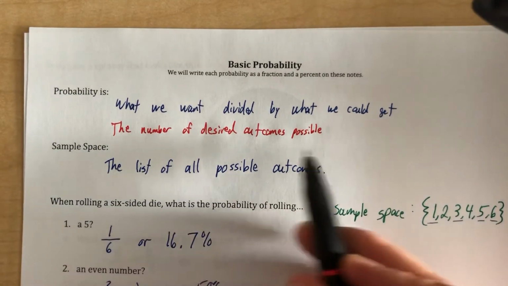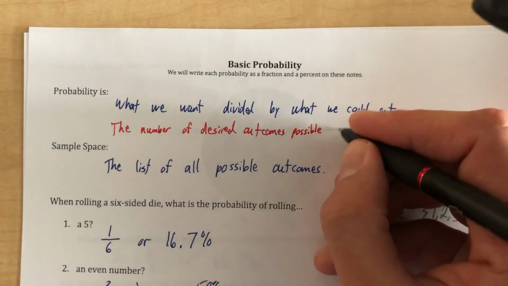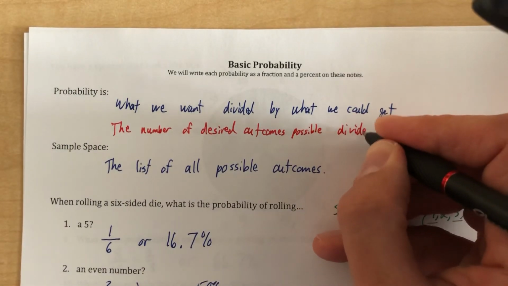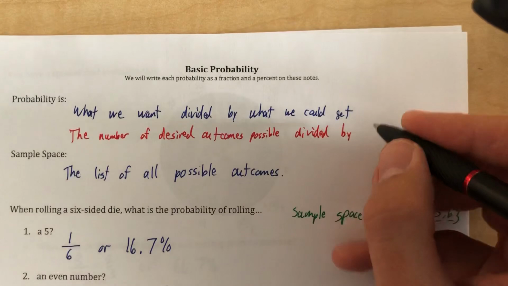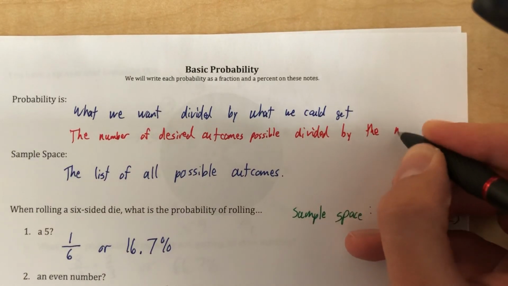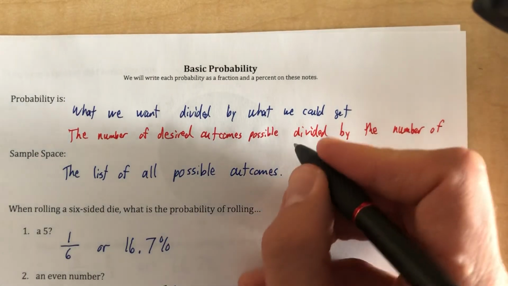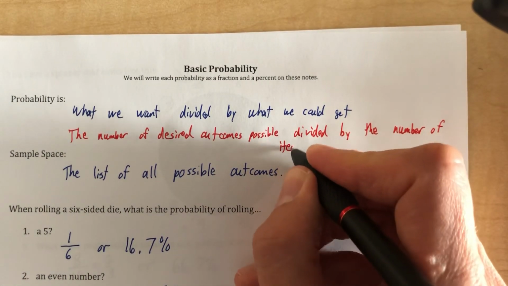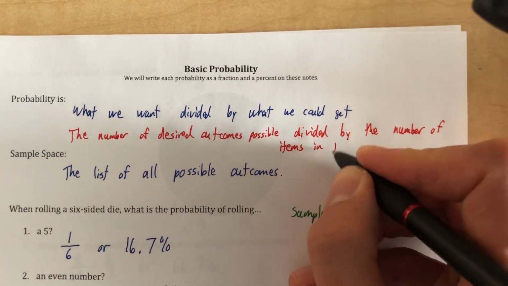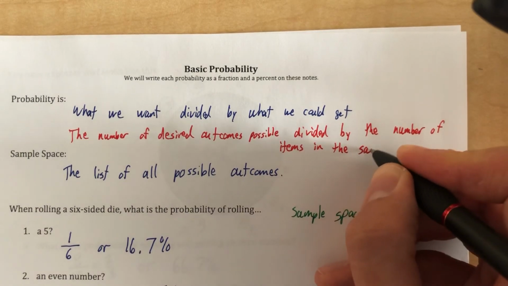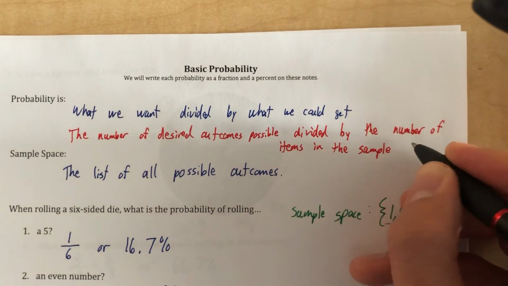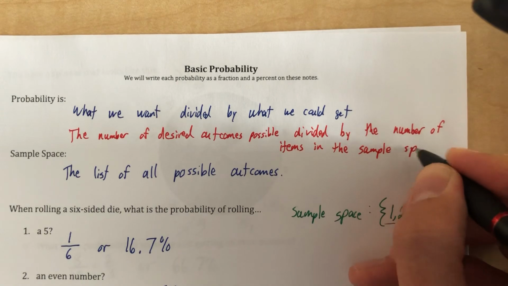So this is the number of times that I could get what I want, divided by the number of items in the sample space. All right, that's a much better definition.